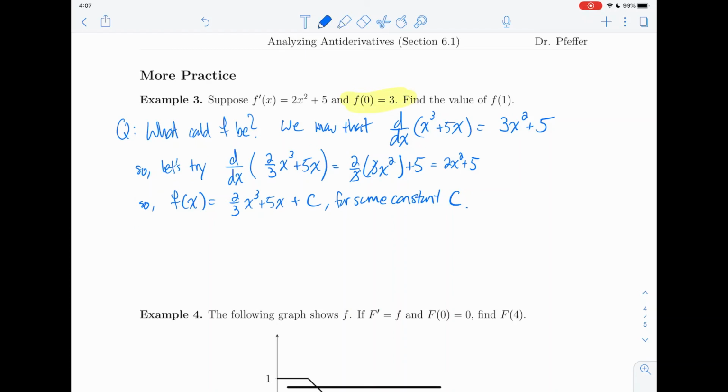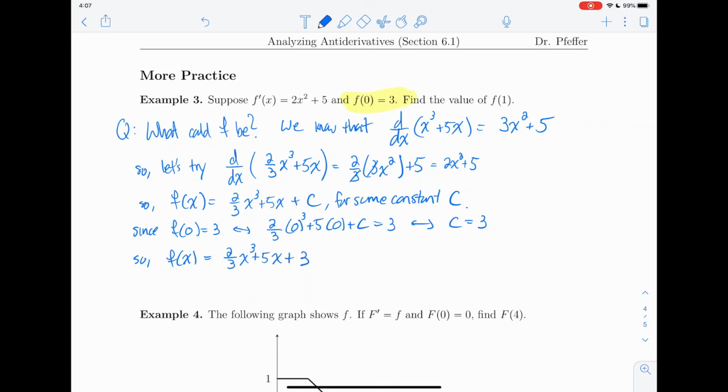So we'll say since f of 0 is equal to 3, this is equivalent to, well, we'll plug in 0, we'll get 2/3 0 cubed plus 5 times 0 plus c is equal to 3, and of course that tells me that c is equal to 3. So that means our very specific antiderivative is going to be 2/3 x cubed plus 5x plus 3.